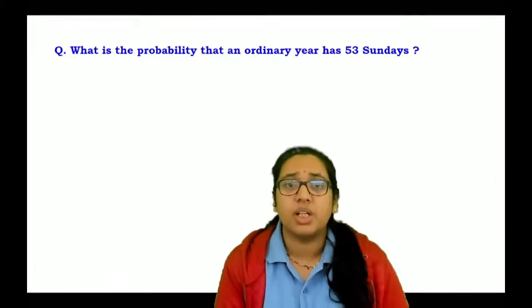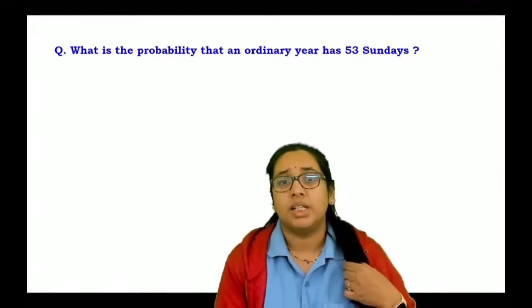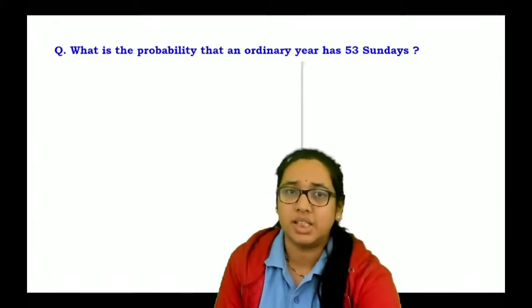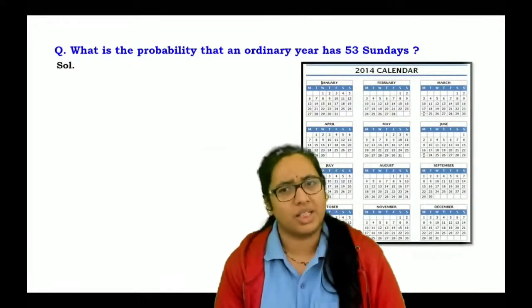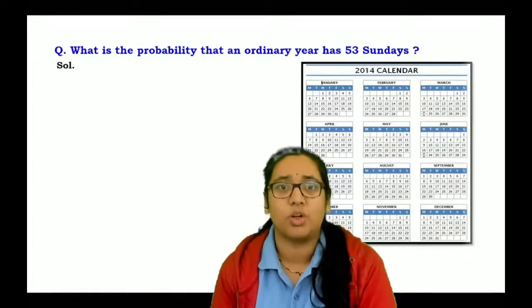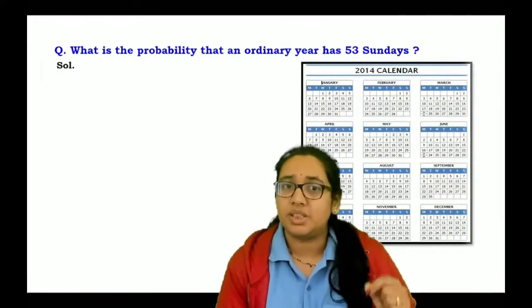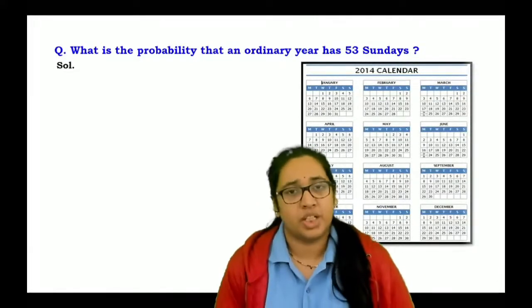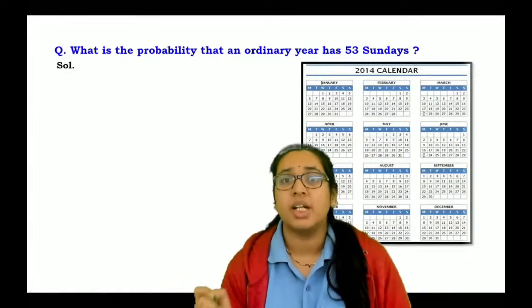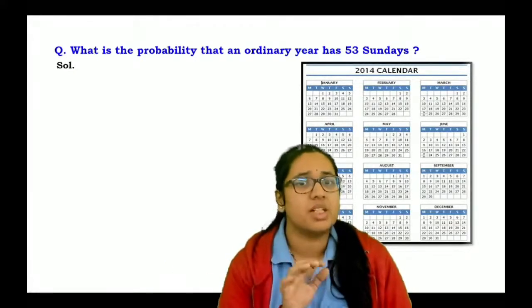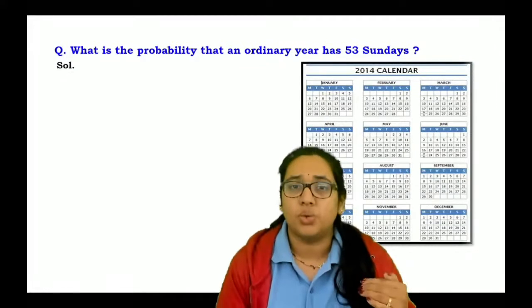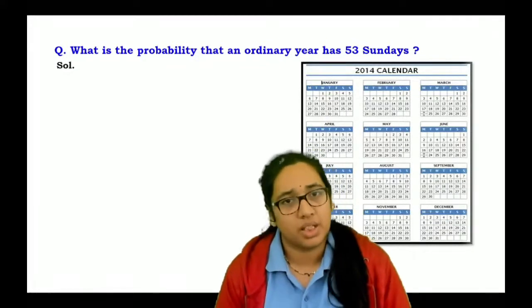But we are talking about an ordinary year having 53 Sundays. You know that for every non-leap year or ordinary year, there will be 365 days. Correct? It means that if you divide it by 7, you will get the answer.